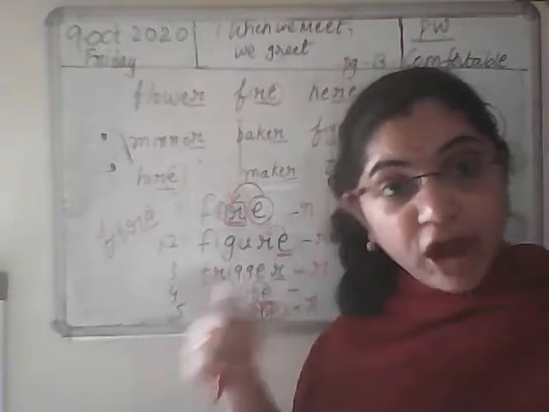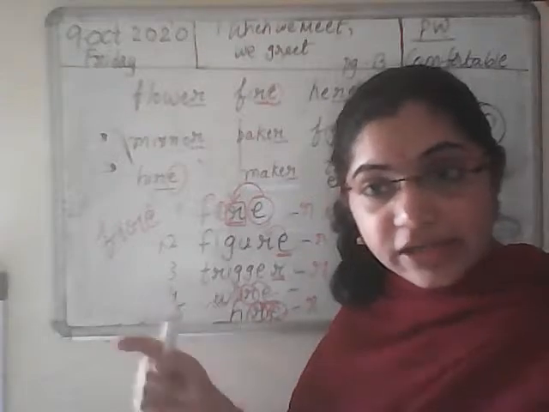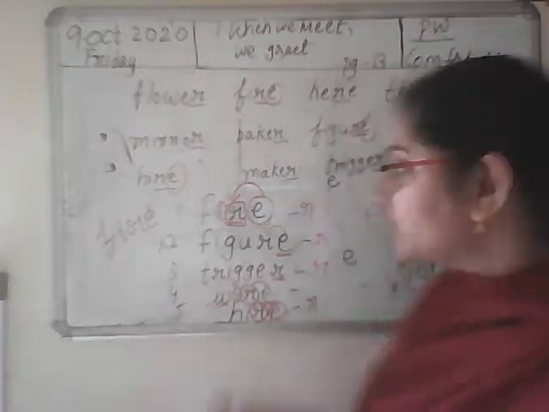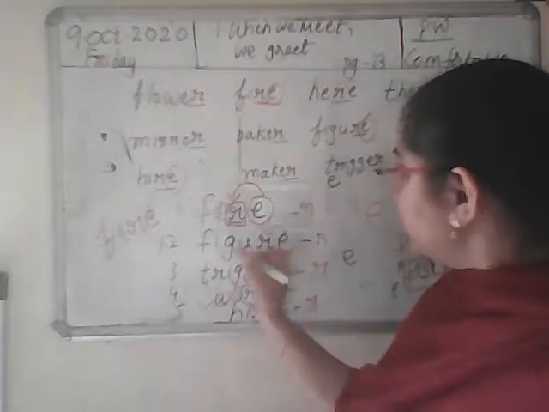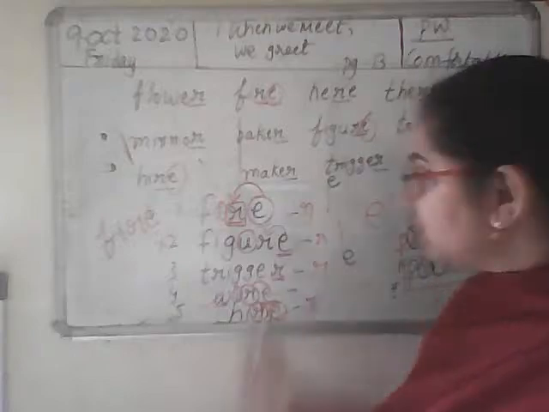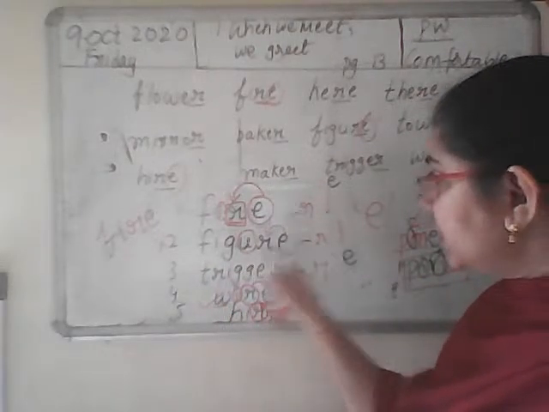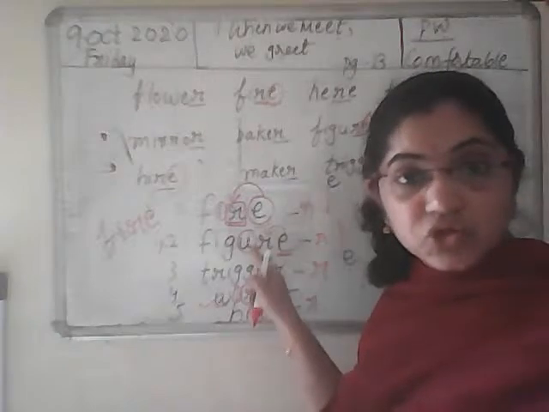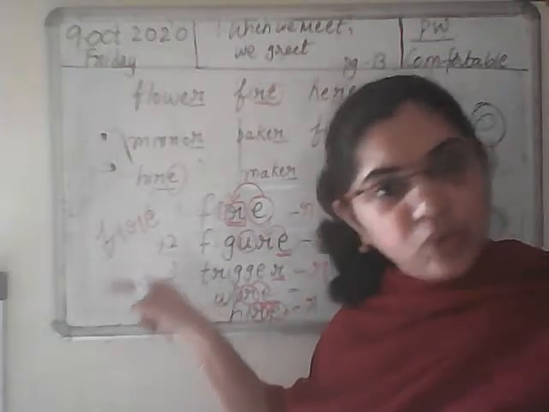Okay, ma'am. If higher is higher and W-I-R-E is wire, then why is F-I-G-U-R-E not figure, right? F-I-G-U-R-E is not figure because if you observe this, there is one more vowel in this word, that is U. U is already there. So this U is again influencing this I, the other vowel sound.